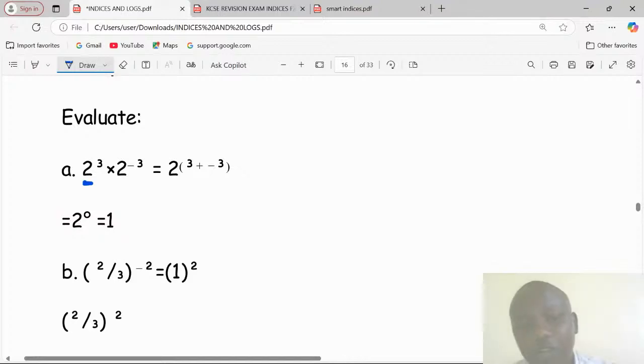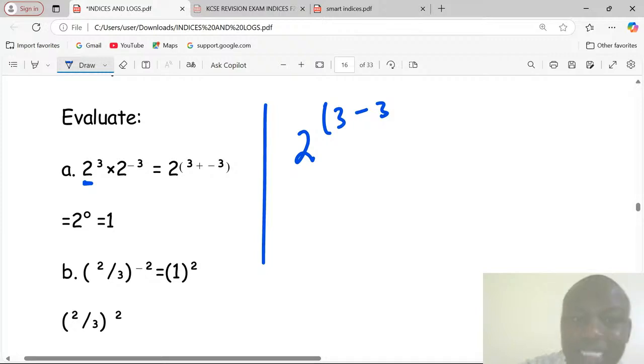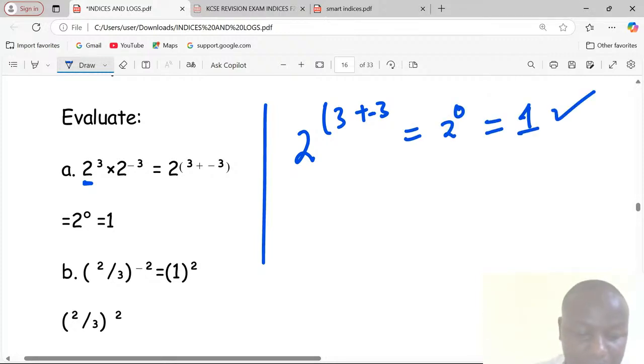We can say that 2 power 3 multiplied by 2 power negative 3 means 2 raised to the power of 3 plus negative 3. Adding a negative just remains negative, therefore 3 minus 3, and this becomes 2 power 0. And anything power 0 is 1, according to what we stated first, the zero index.